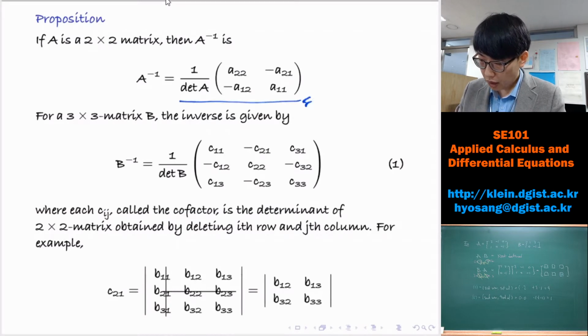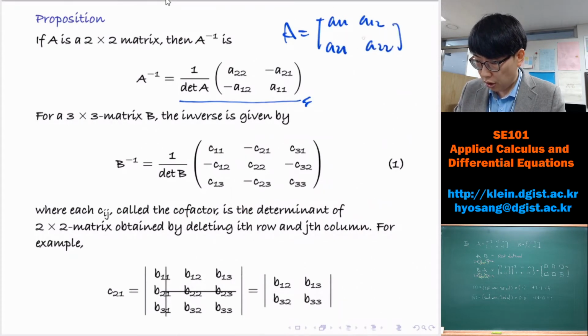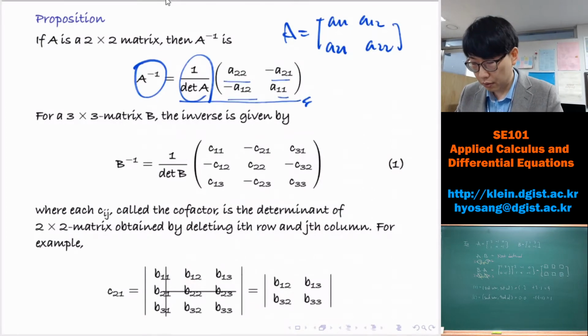Originally we had a matrix A of A11, A12, A21, A22. These entries are switched over so that the inverse of A is now 1 over the determinant of A times these entries. I will show you an example shortly.